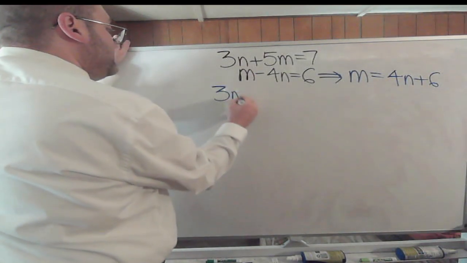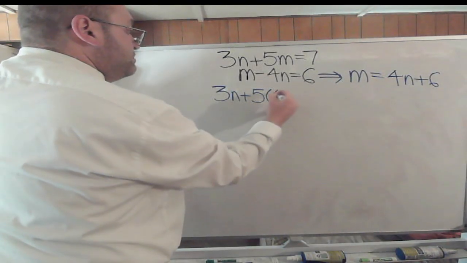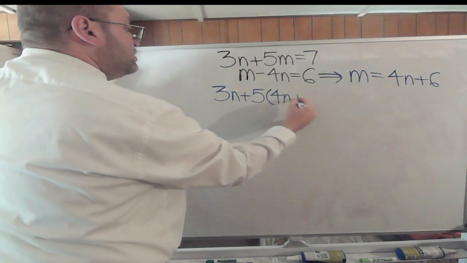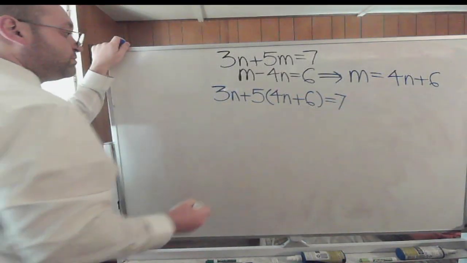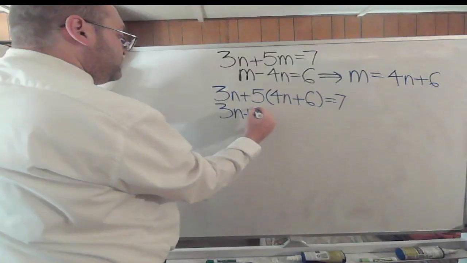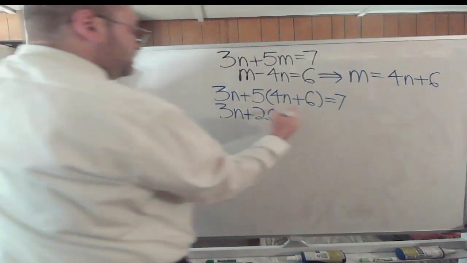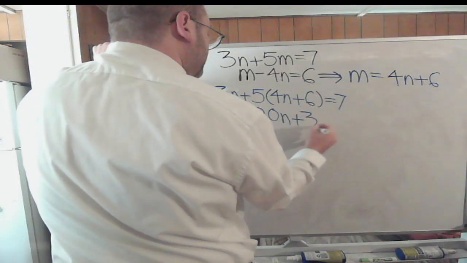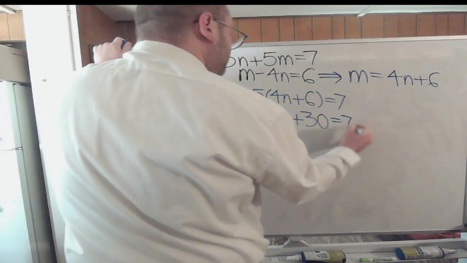You'll have your 3n plus your 5 times that value of m being 4n plus 6, all that equal to 7. So you still have 3n plus 5 times 4n is 20n, plus 5 times 6 is 30, all that equal to 7.